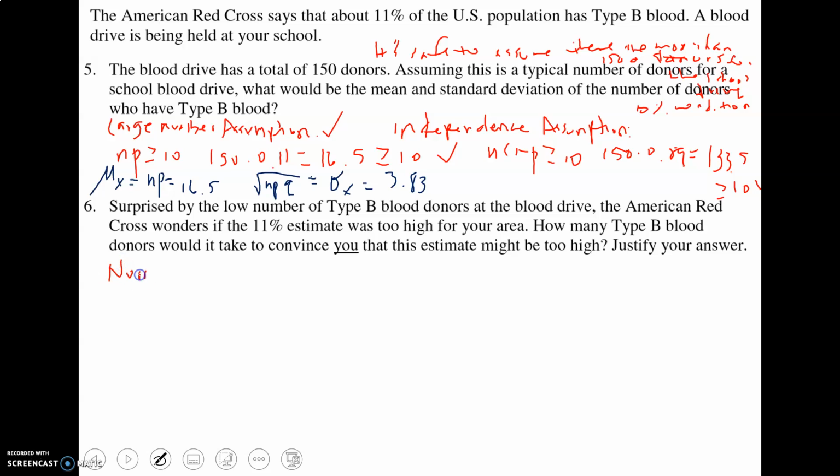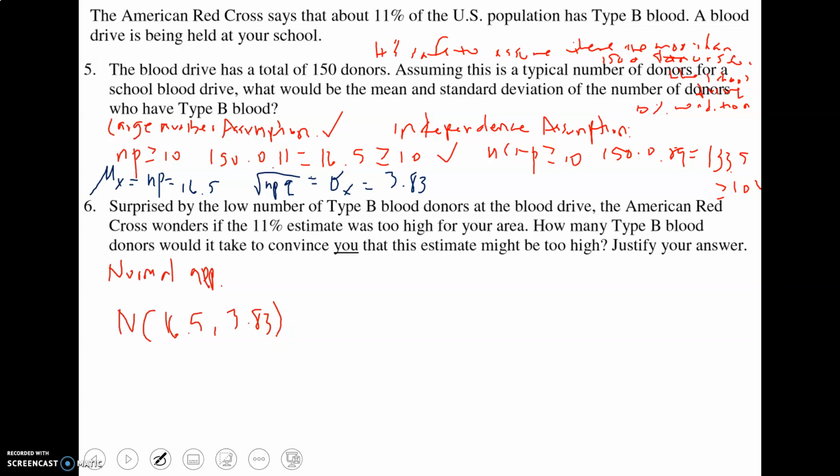So we can use normal approximation because we satisfied the conditions, right? And we're going to assume that the donors were random, so there's independence and a large sample. Basically we can assume that the mean is 16.5 and the standard deviation is 3.83.